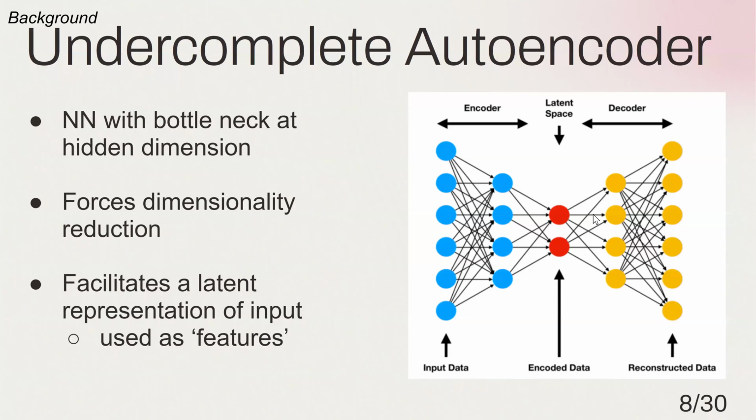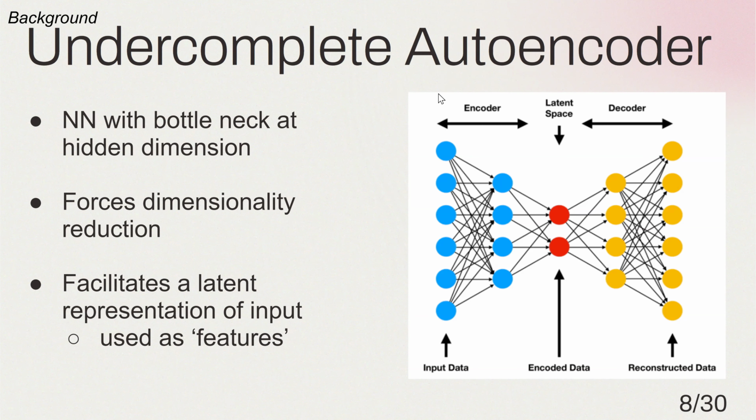Linear methods like PCA also do a dimensionality reduction, but this is a nonlinear dimensionality reduction, so it's better than PCA in that way. This facilitates this latent dimensional representation. Now, you might not know what the dimensions in this latent space represent, especially for something like brain data. But that's what happens with the undercomplete autoencoder.